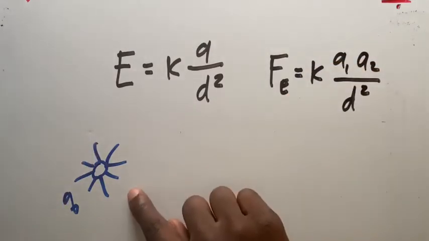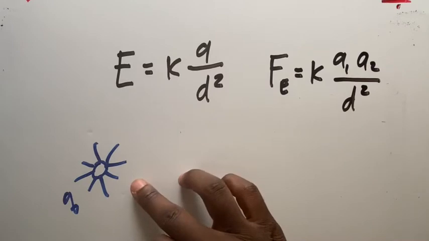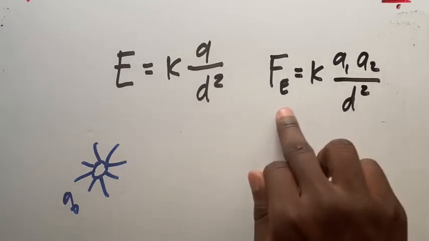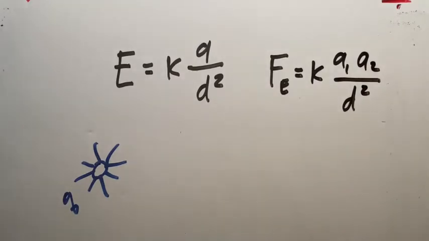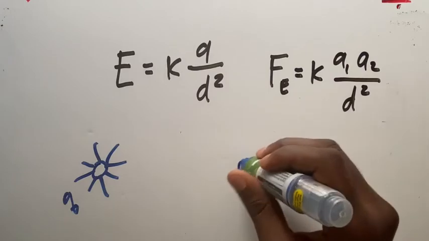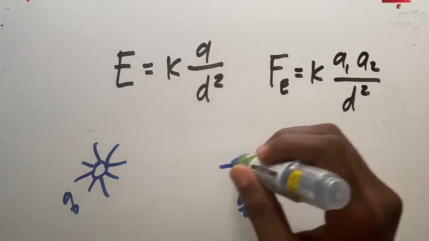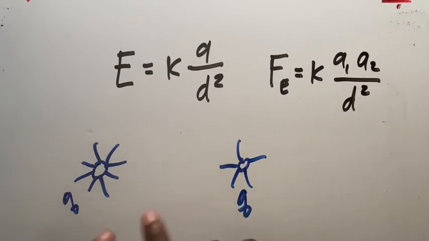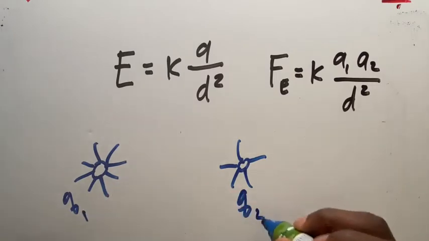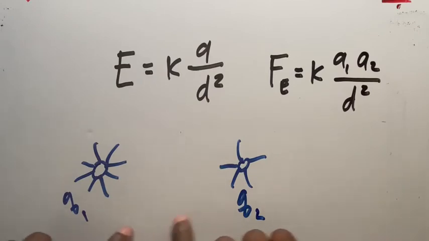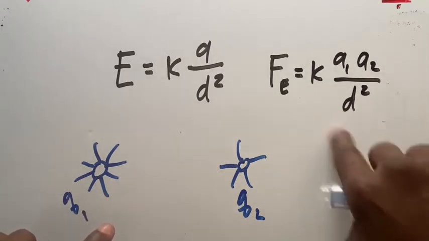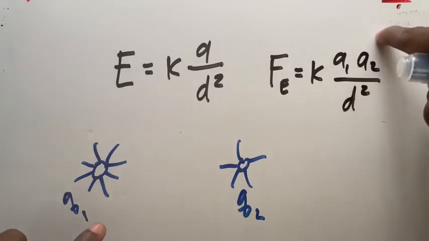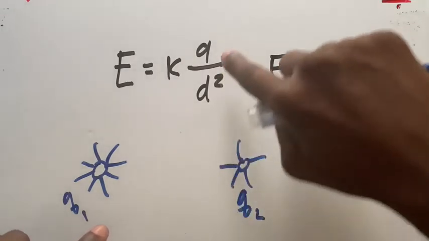If there's one object by itself, then there's no interaction. Since there's no interaction, there's no force. But as soon as we bring another charge, let's say another charge here, then this would be 1, this would be 2, these two charges can interact with each other, meaning these two charges will apply some force on each other given by this equation. So that's why the force equation has two charges, whereas the electric field equation only has the one charge.